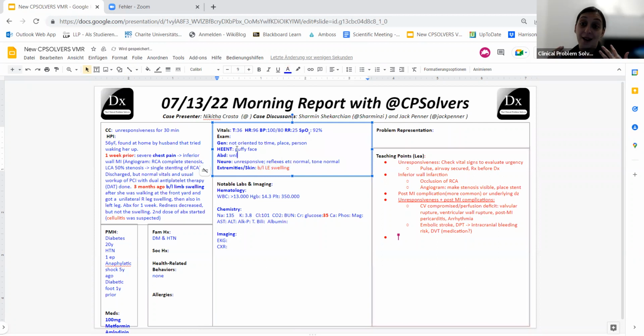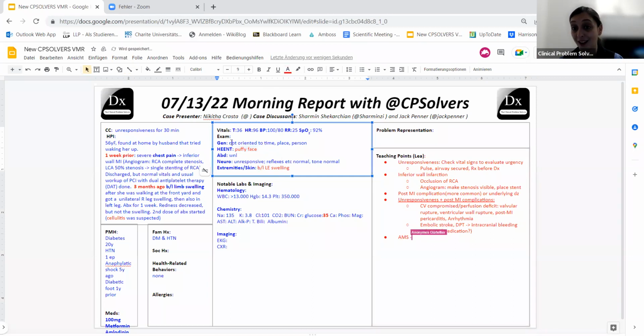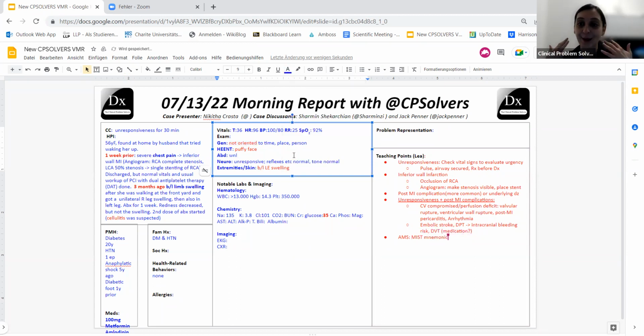And with altered mental status, we love our mnemonic of metabolic, infection, structural, toxins. And the one thing that I always try to remind myself, and I tell my teams all the time, is that in a high stakes situation, when you walk in and patients are altered or non-responsive, the one thing is checking a finger stick glucose.